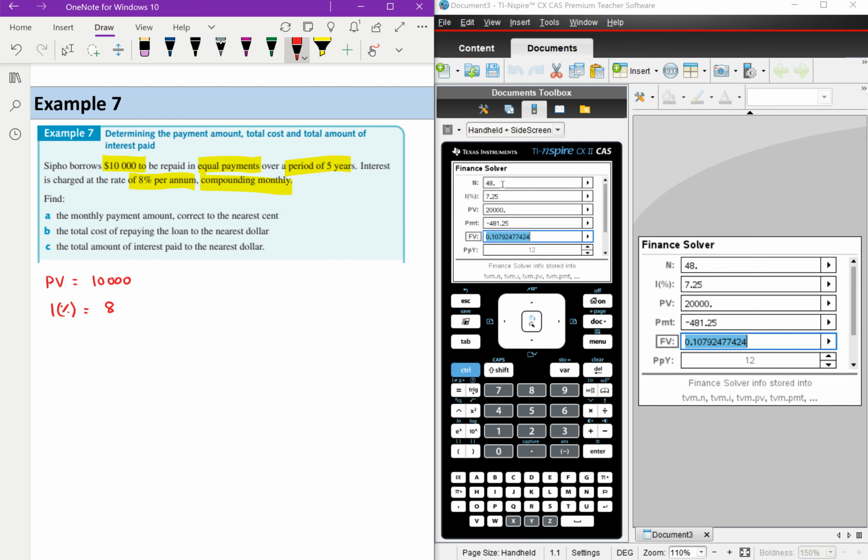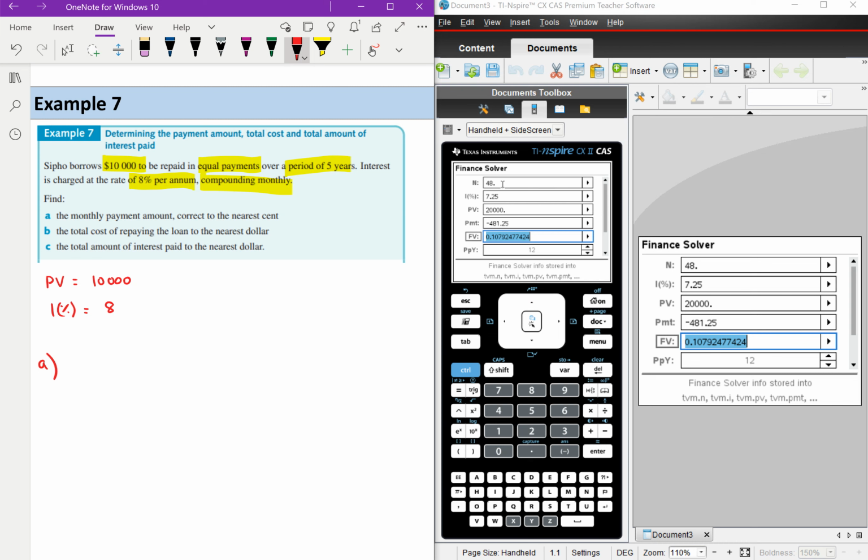Now, part A, using Finance Solver, they want you to find the monthly payment amount correct to the nearest cent. Unlike example 6, they normally tell you what payments you need to make to ensure that after the period of 5 years you are able to completely pay off your loan with 8% interest.